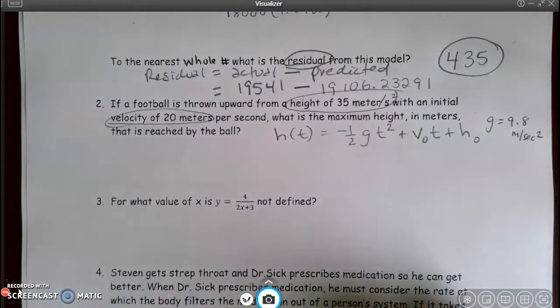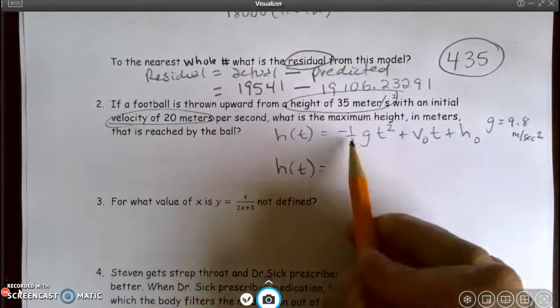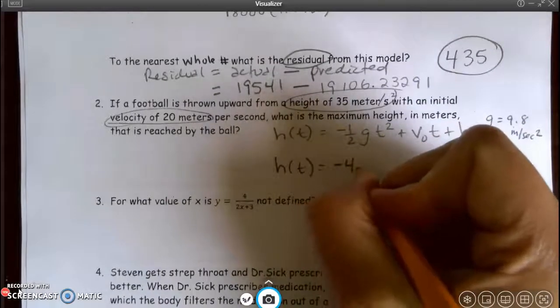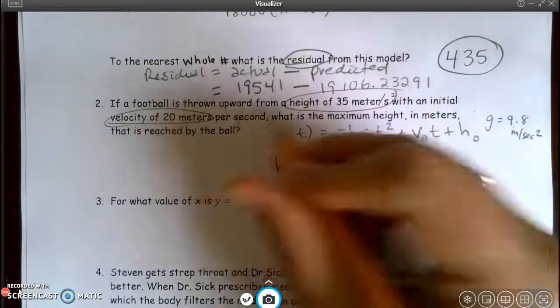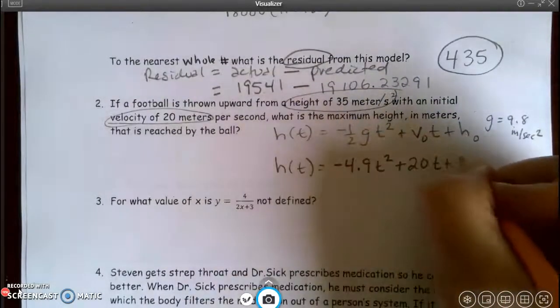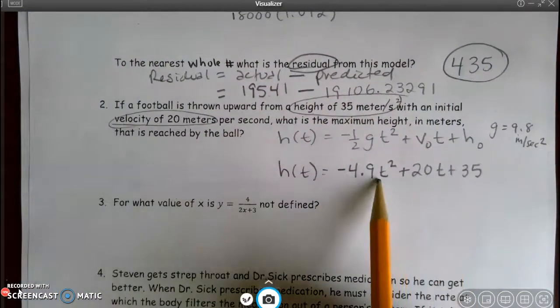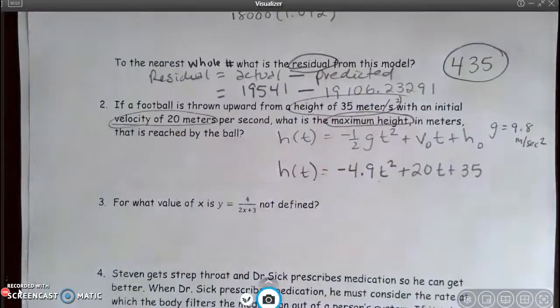So my formula here: h of t equals negative 1/2 times 9.8, which I know is negative 4.9, t squared plus initial velocity, 20t, plus initial height, 35. And I'm going to put this in my calculator and look for the maximum height.